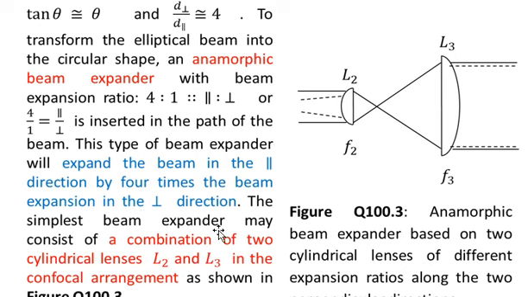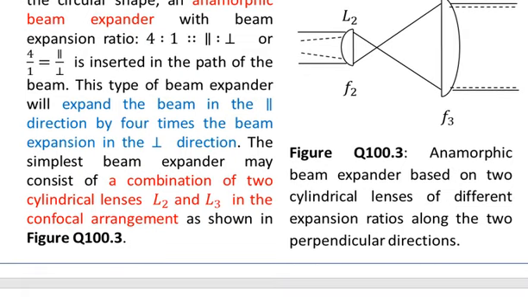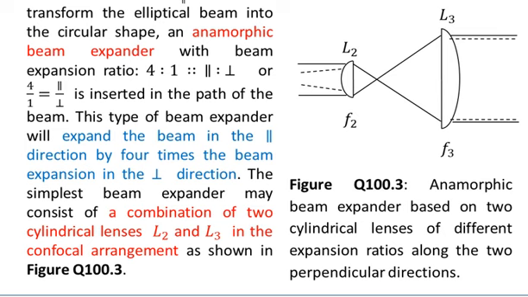The simplest beam expander may consist of a combination of two cylindrical lenses L2 and L3 in the confocal arrangement as shown in Figure number 3. So let me explain Figure number 3. You see that the two beams are incident on the cylindrical lens L2.